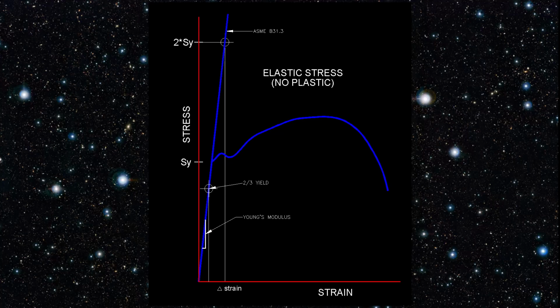Thus, when the elastic stress principle is used, any stress that is calculated beyond the actual yield stress point is not representative of the stress in the pipe. ASME B31.3 is an elastic stress code.